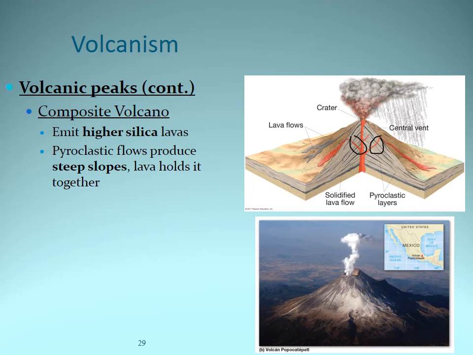What that also means is that the lava doesn't flow out of it very easily, so it builds up over time. And that pressure will build and build and build until it no longer can be withheld, and then it erupts, and it can erupt quite violently. And this is a much more dangerous type of volcano.